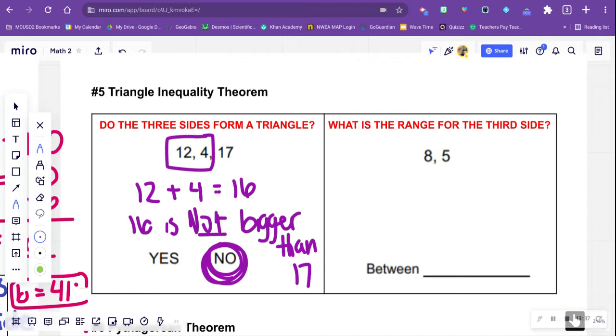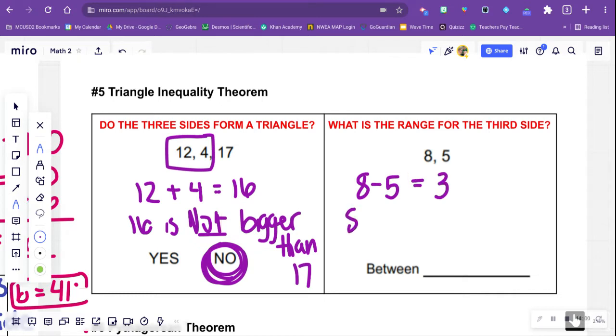The other thing that we can use this theorem for is to figure out, well, if 2 sides have to be this long, what could that 3rd side be? So this is a 2-stepper because you want to find what's the smallest it could be and then what's the biggest it could be. So find the smallest by subtracting. 8 take away 5 is 3.